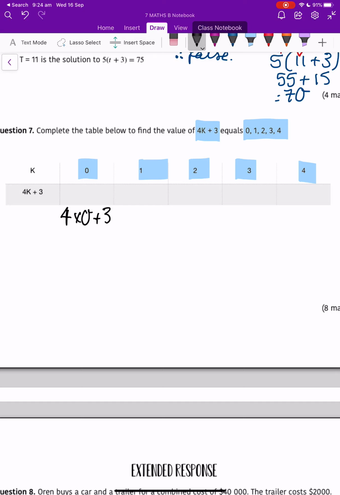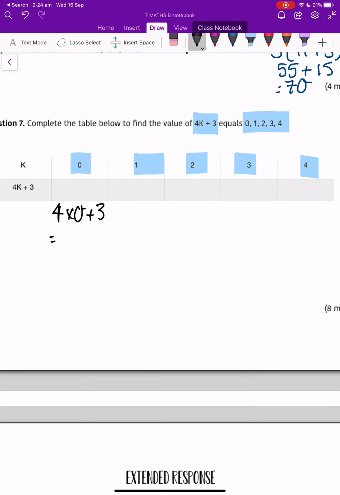Now I need to do my BODMAS here, so do my multiplication first. 4 times 0, so anything times 0 is always 0, plus 3. 0 plus 3 is 3, so I write this equals 3 here. The next one, 4 times 1 plus 3, so I'm just substituting these values into my rule. That's 4 plus 3 equals 7.